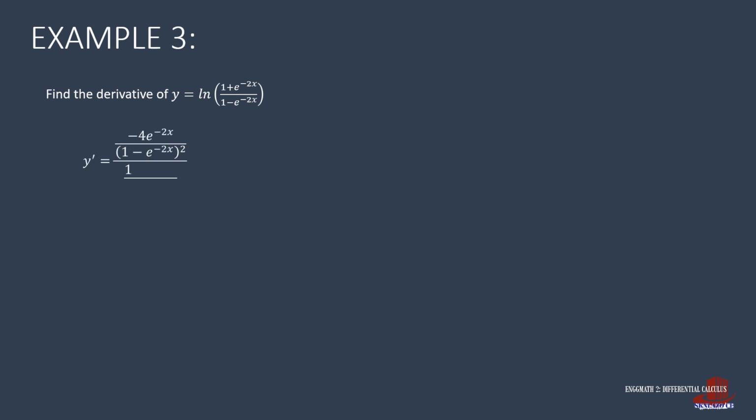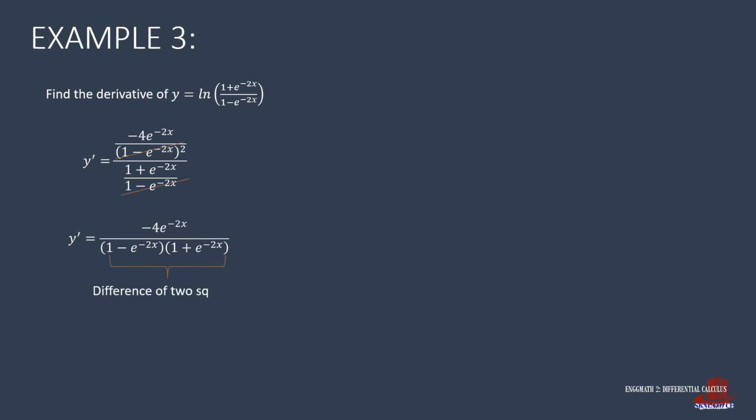Now getting back to the derivative of y, we place the two terms u and u prime. Notice that we can cancel some denominators, leaving the equation as negative 4 times e raised to negative 2x all over the quantity 1 minus e raised to negative 2x times the quantity of 1 plus e raised to negative 2x.